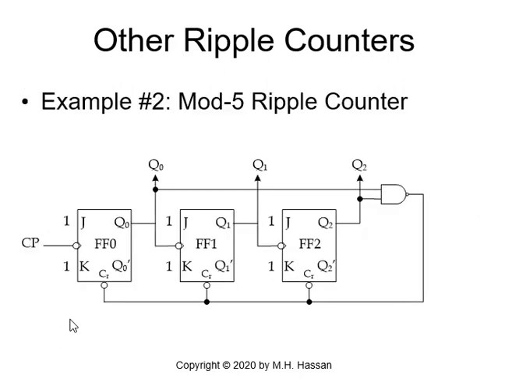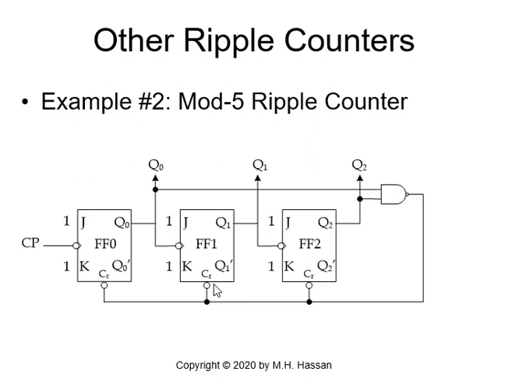The same thing if we need a mode 5 ripple counter. For a mode 5 ripple counter, I will design a mode 8 ripple counter, which is 3 flip-flops. Once I hit 5, which is 101, I will take Q2 and Q0 to an AND gate and clear the counter to the S0 state, or 000 state.